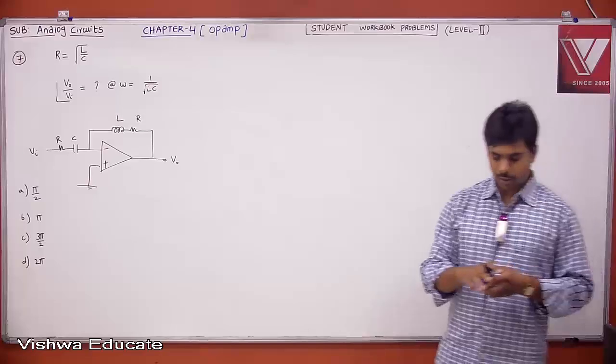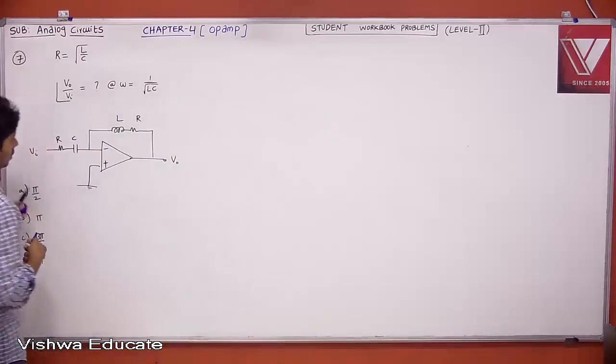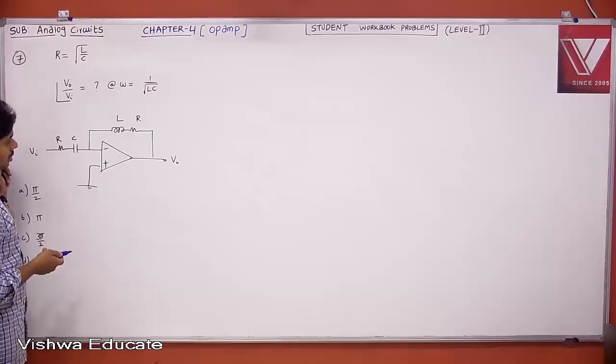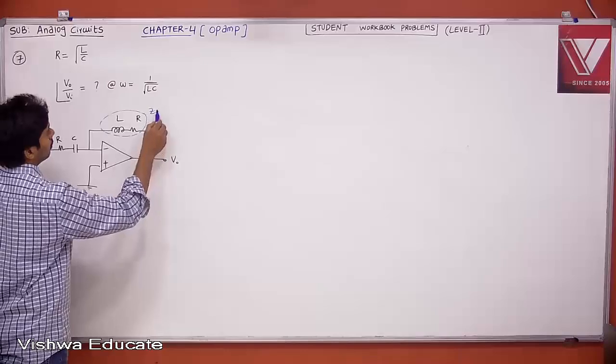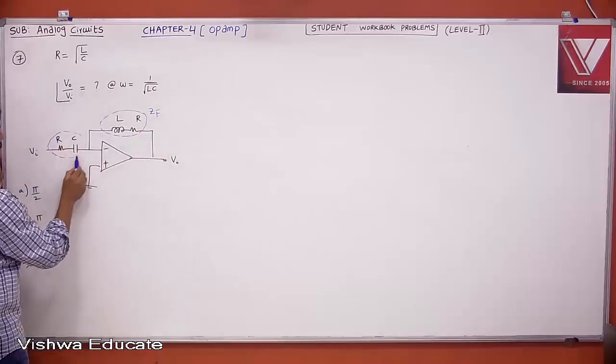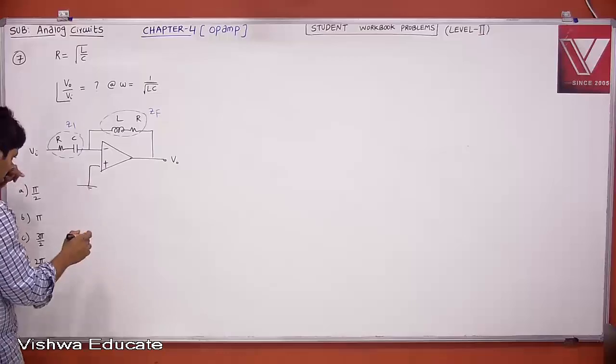Can I say this is a negative feedback amplifier? Yes. And op amp is ideal? Is virtual ground concept valid? Yes. Let us treat this as ZF and let us treat this as Z1. Right? Then what is your voltage gain?